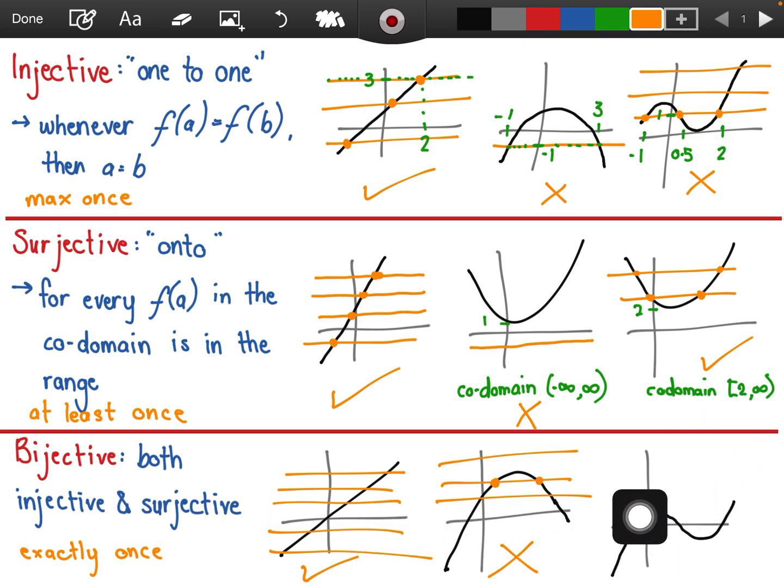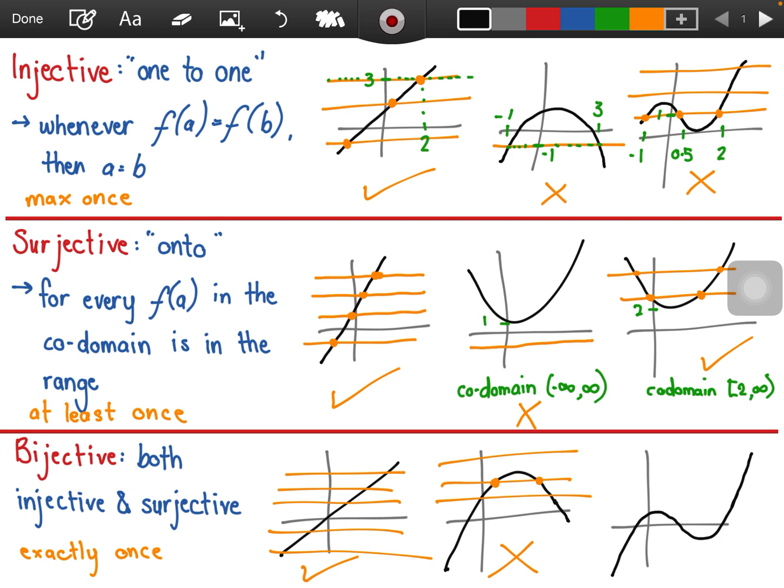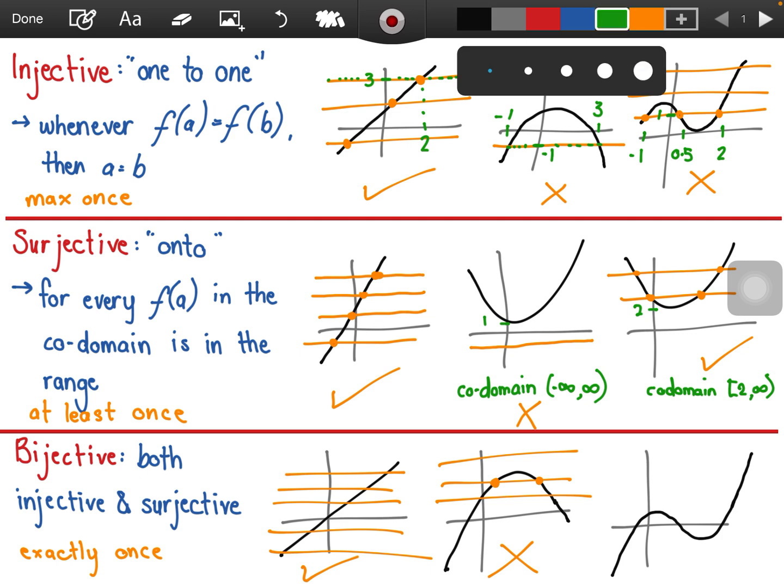And the last one here is an example of one that would be surjective even if the codomain was minus infinity to infinity. Every horizontal line I draw would end up crossing it. It doesn't continue on here, but if I had continued it more and more, as it would for a cubic function, every y coordinate between minus infinity and infinity would be used if it continued forever in both directions.